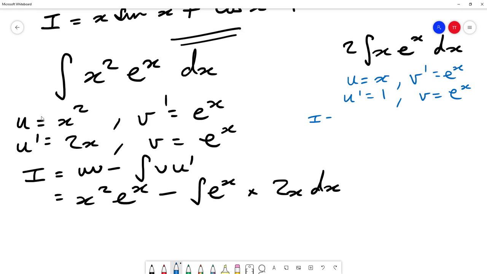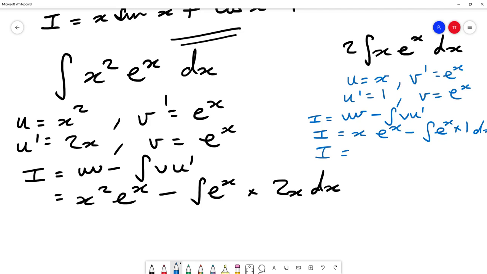So using the parts formula, uv minus the integral of vu dash, it's going to be x e to the x minus the integral of e to the x times 1.